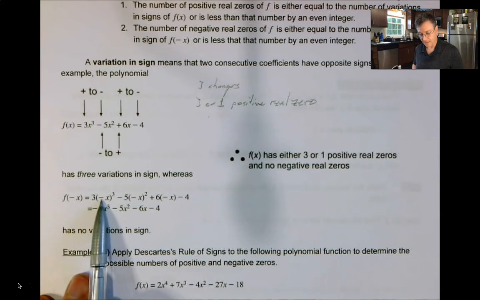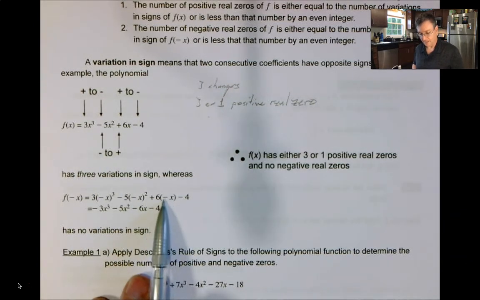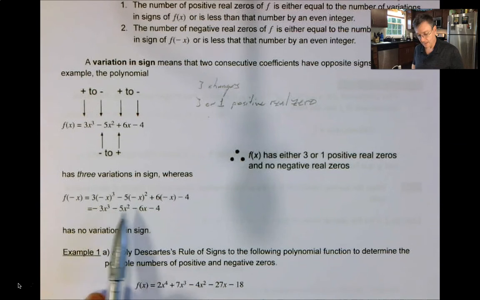The odd powers, that's going to become a negative x cubed. So negative 3x cubed is the opposite of what it was before. And same here, this is the first power, so this becomes negative 6x, which is the opposite of what it was. Negative, negative, negative, negative. There are no changes.